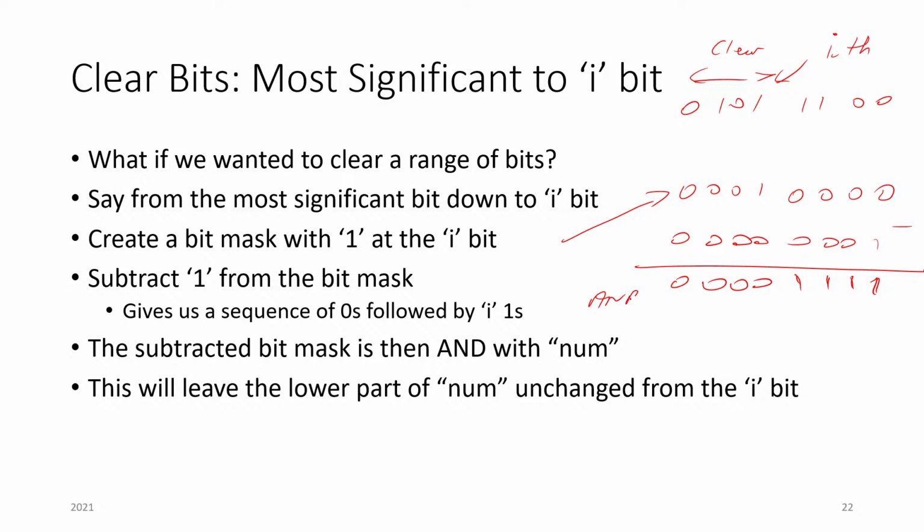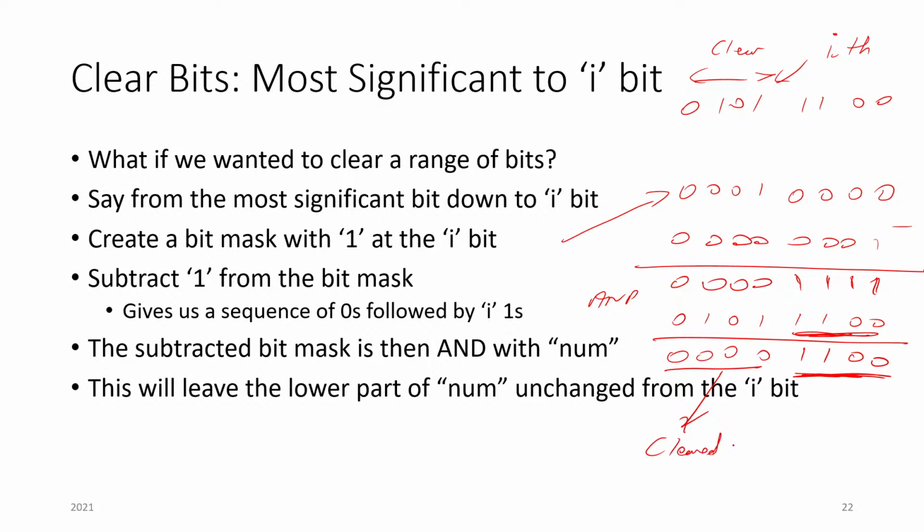So if we AND this sequence with our original input sequence, 1 and 0 here will give us 0, 1 and 0 here will give us 0, 1 and 1 will give us 1, 1 and 1 here will give us 1, and all these zeros here will give us 0, 0, 0, 0. So this part of the number here is the same as this part of the number here, and all these parts here were cleared from our original number.